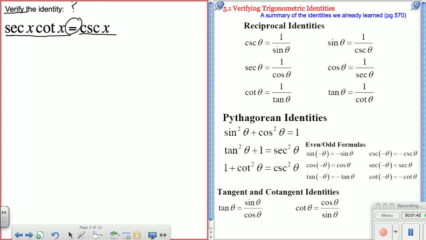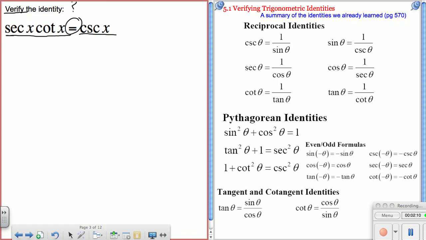So one thing to remember is that this is not an equal sign that you can do something like add to both sides, or subtract from both sides, or multiply both sides. You can't solve this like you would an equation. To verify means to take one side and make it look like the other. Turn one side into the other side.